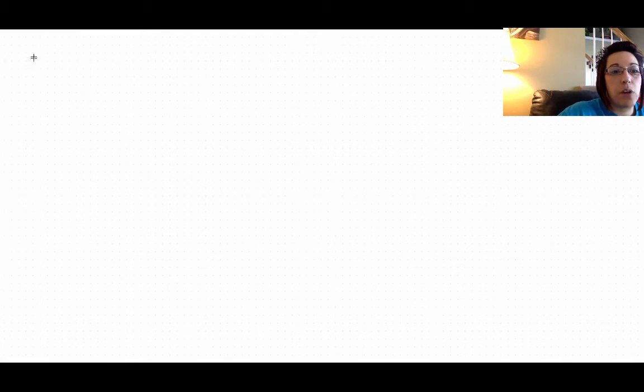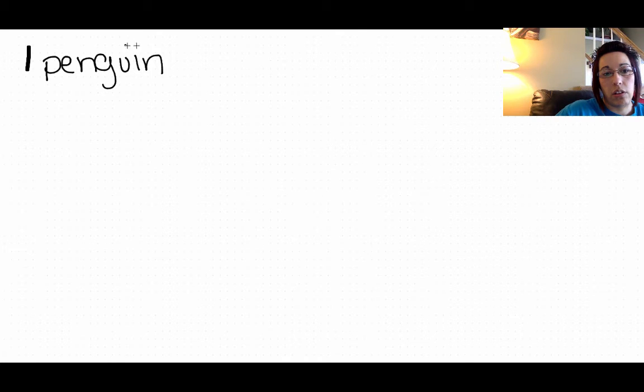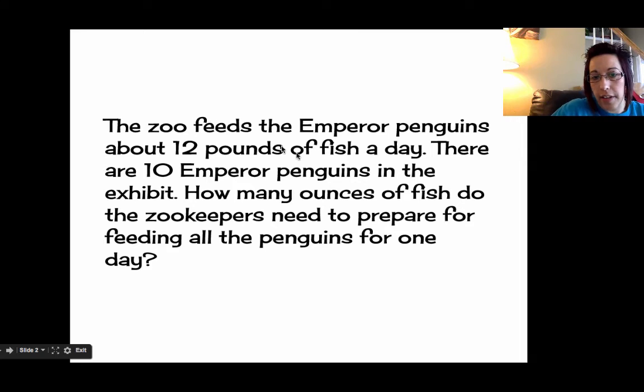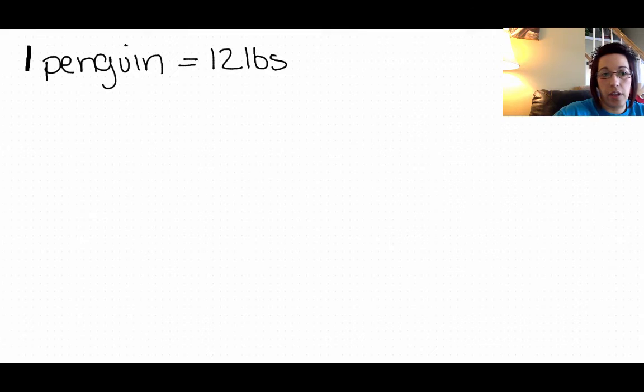So I'm going to take some notes over here on my paper. One penguin equals 12 pounds. And in our example, there are 10 penguins in the exhibit, and we need to know the answer in ounces.